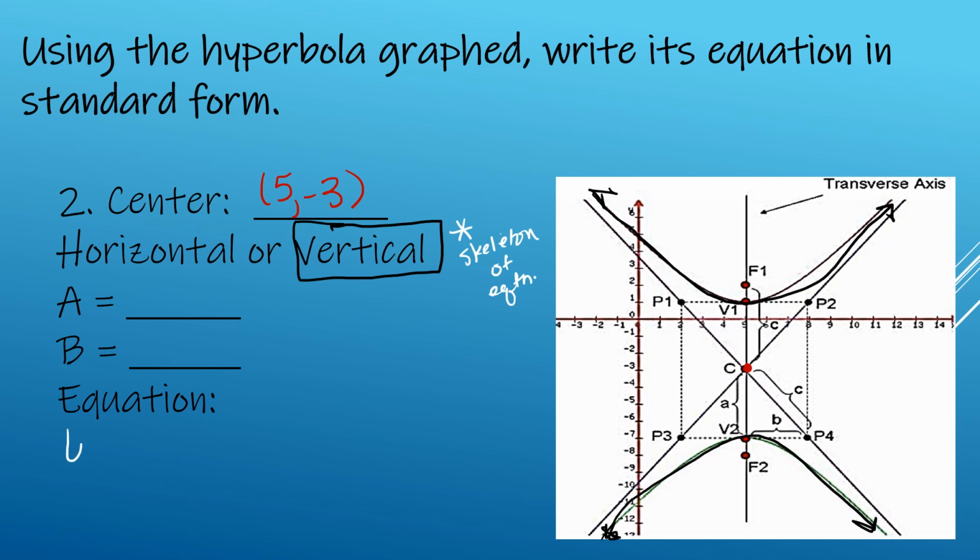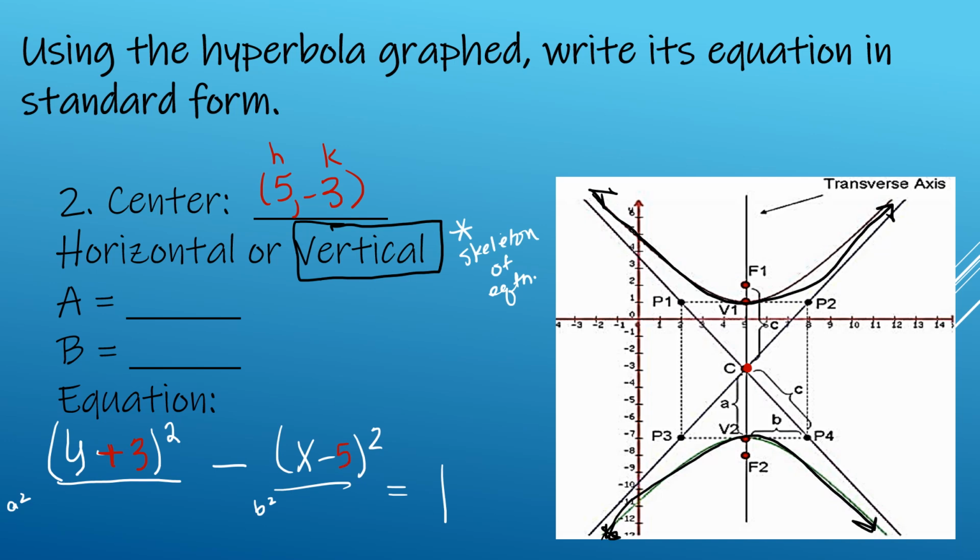Since it's vertical, the y has to be first, so it's going to be y minus k squared over a squared. a squared's always got to be first as well, minus x minus h squared over b squared, and that will all equal 1. Again, we have our center, so our h is 5 and our k is -3. So this will be y minus -3, or y plus 3 quantity squared, minus x minus 5 quantity squared.